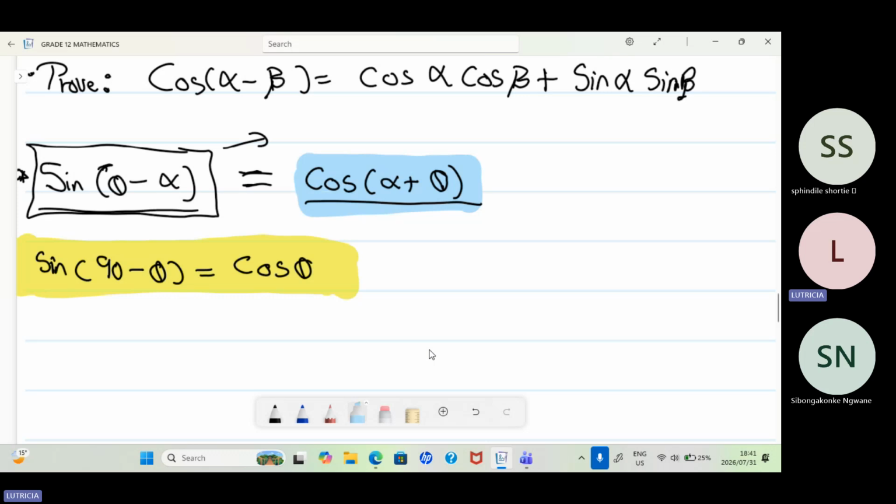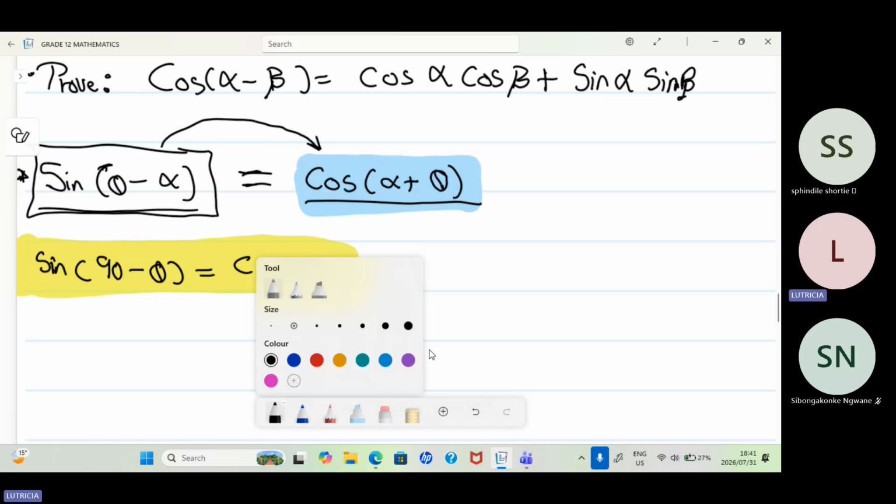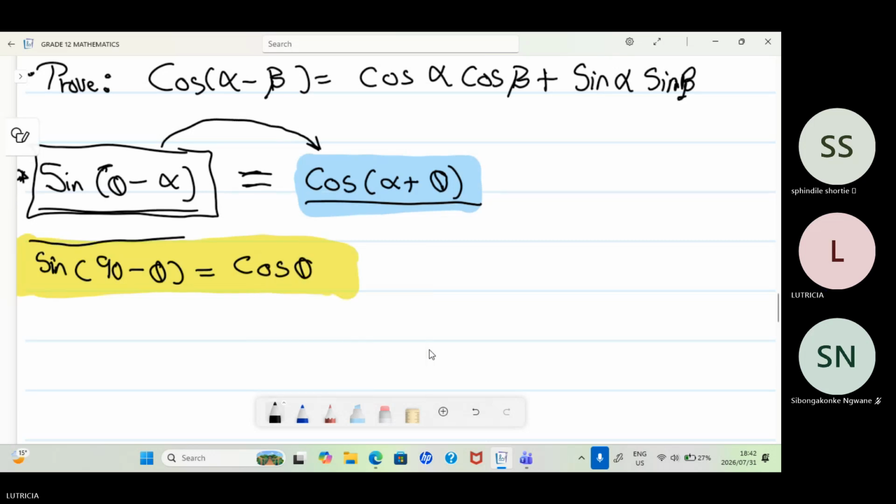Okay. So what they're basically asking us to do here is to move from this to this. But we are also given this identity. If you want to switch from a sine to a cos, you're going to have to involve 90 minus the angle that's inside.